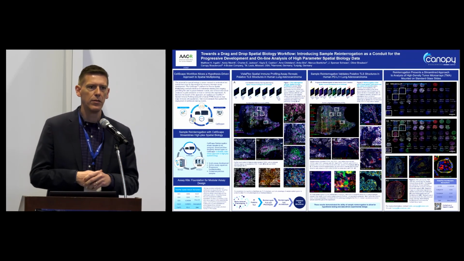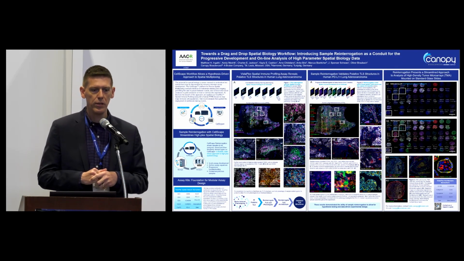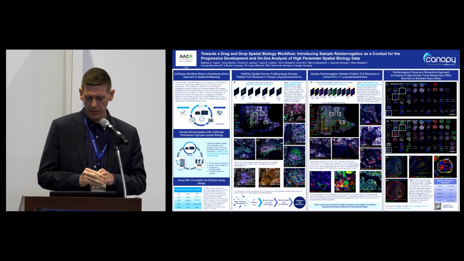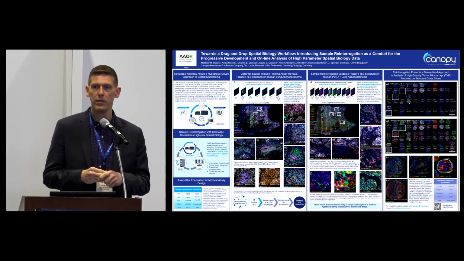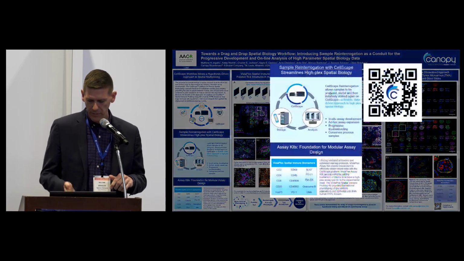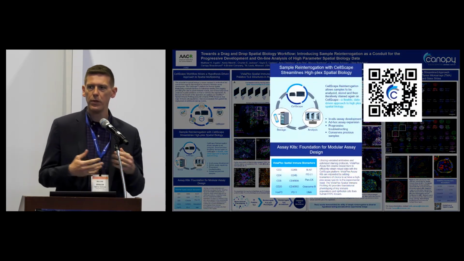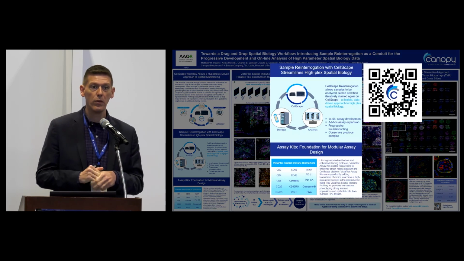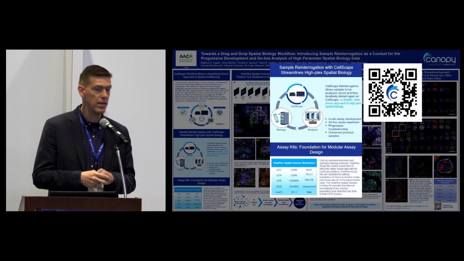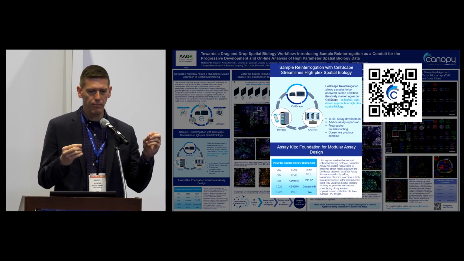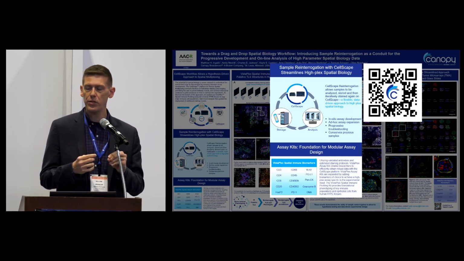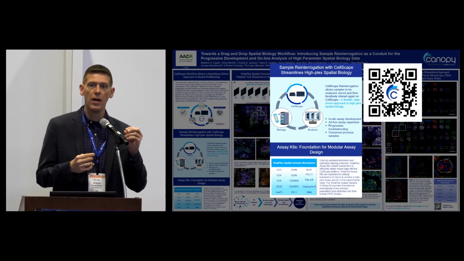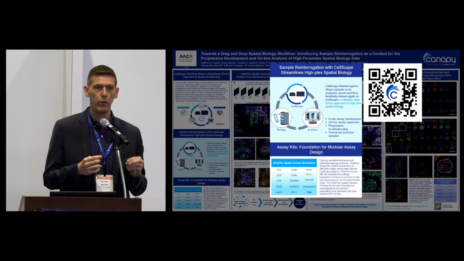The other data set I want to talk about is really showing off one of the unique features of our particular way of doing spatial biology, which is this idea of reinterrogation. So what we have here is an adenocarcinoma that we sampled using our cyclic multi-immunofluorescence technique, which is essentially staining with low-plex sets of markers, and then we're going to capture that data as images, and then we're going to erase that signal only using photobleaching.